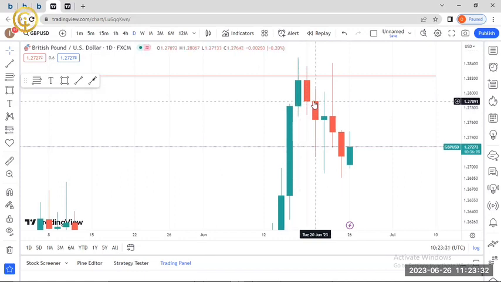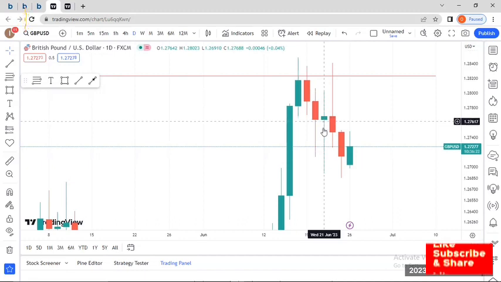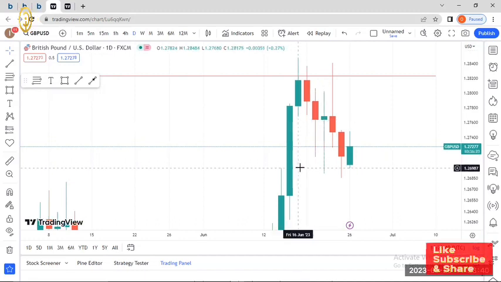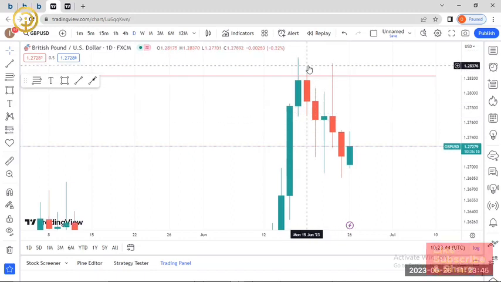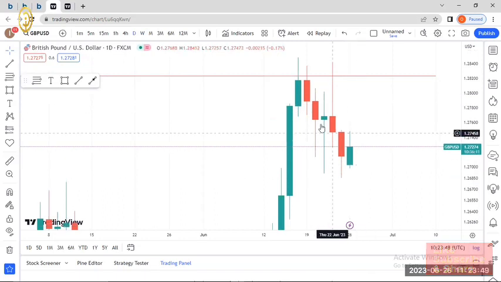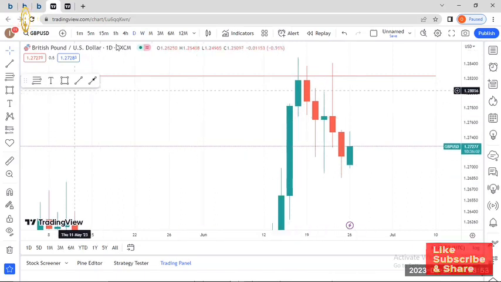Tuesday went into this previous daily range here and expanded lower. Wednesday came and filled the fair value gap and rejected. Thursday ultimately came to take out liquidity above this high, Monday's high, and reject down. This also did a consolidation Thursday reversal pattern for us.